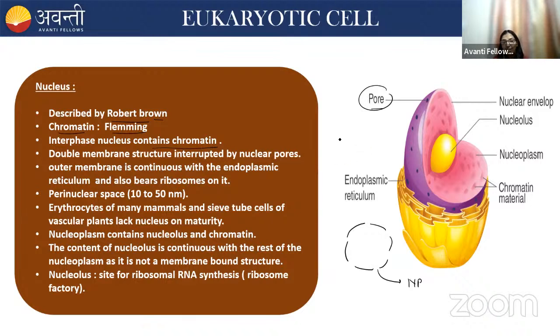Remember this, very important, that the nucleolus is the site for rRNA synthesis. And we know that the ribosomes are made up of RNA and protein. So the nucleolus is also known as a ribosome factory.